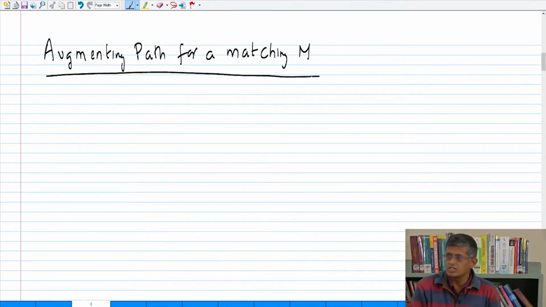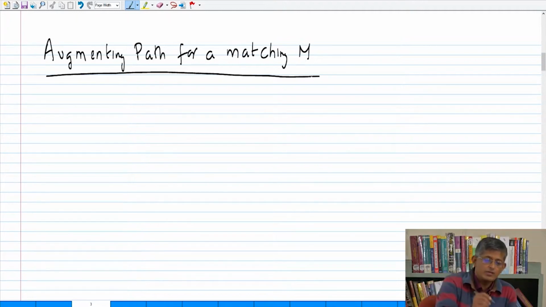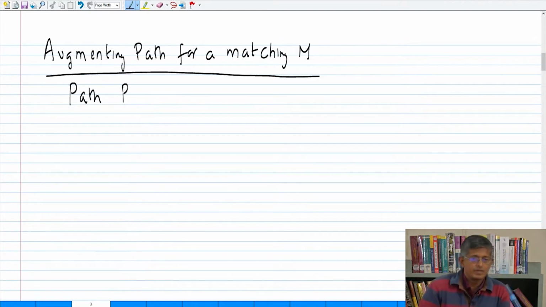So, we introduce this concept of an augmenting path for a matching M. We say that first of all it must be a path P. By definition of a path, it is essentially a sequence of vertices and edges.